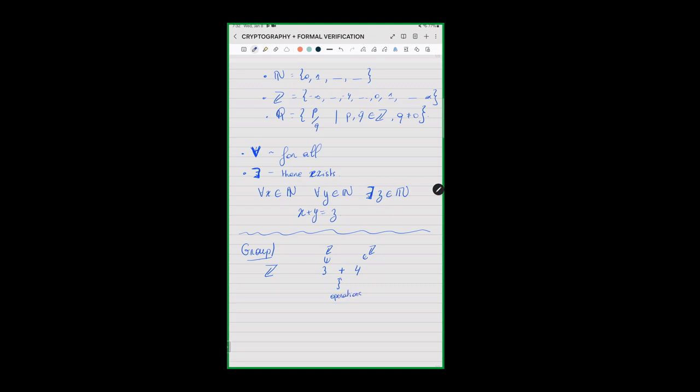You can add, and we always use this notation of plus, and it's equal to another value, which is also an integer.